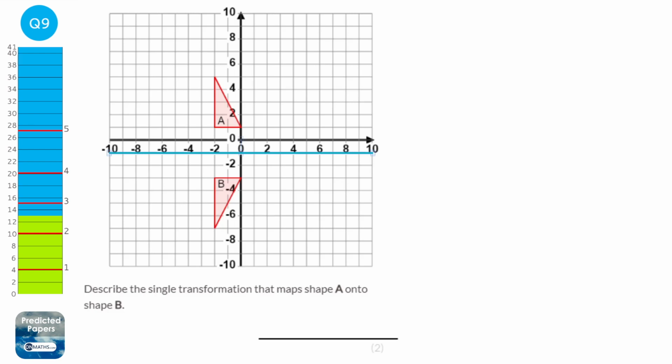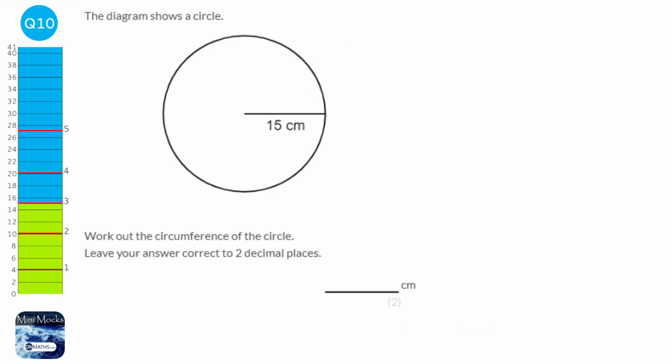Everywhere along that line, y is equal to -1, so we call it the y equals -1 line. So it's going to be a reflection across the line y equals -1.